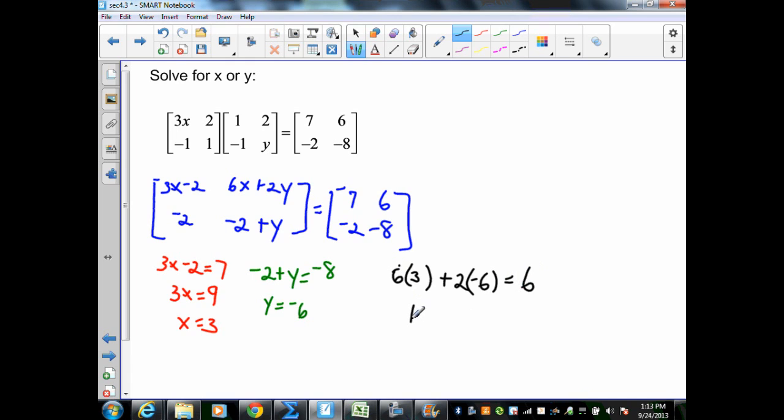Simplifying, 18 minus 12 equals 6, 6 equals 6, and that is true. Therefore, x is 3 and y is a negative 6.